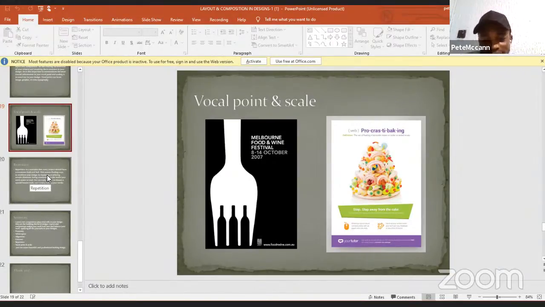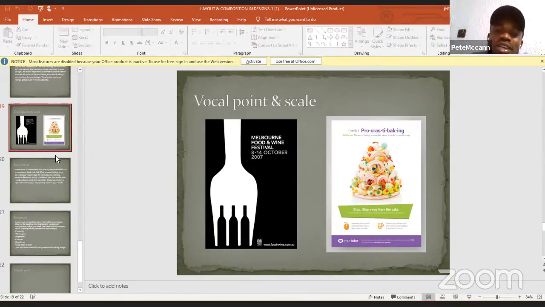There is a list of basic principles in composition and layout. Can you tell us the first five basic principles in design?